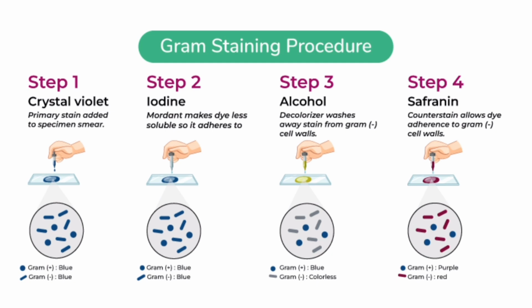And the fourth step is adding a counter stain, which is safranin, that allows the dye to adhere to the negative cell wall. And don't forget the final stage of the gram staining technique, which is the gram-positive bacteria staining purple and the gram-negative bacteria staining red.